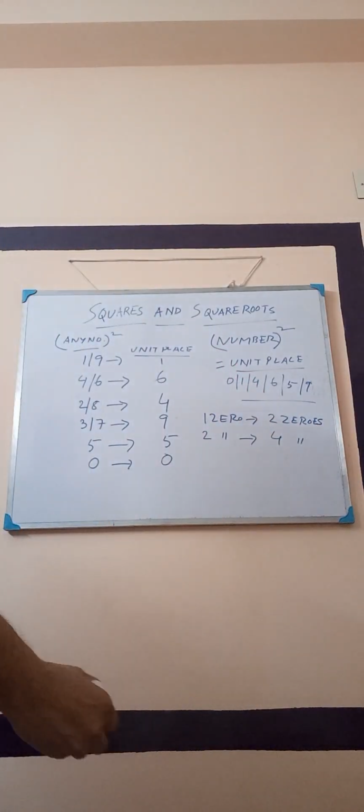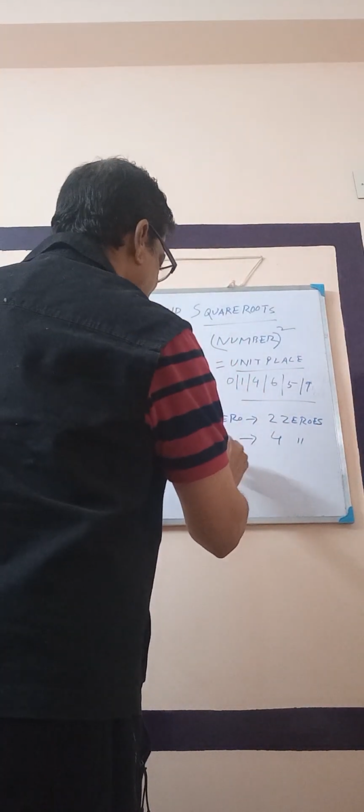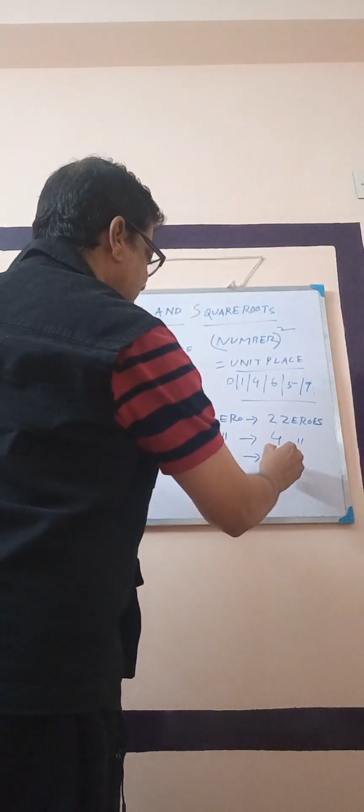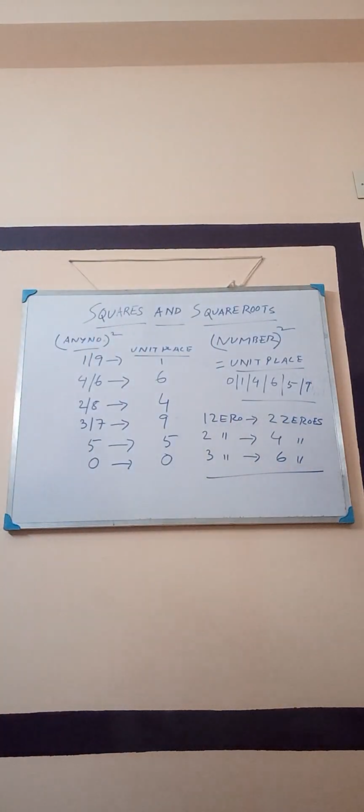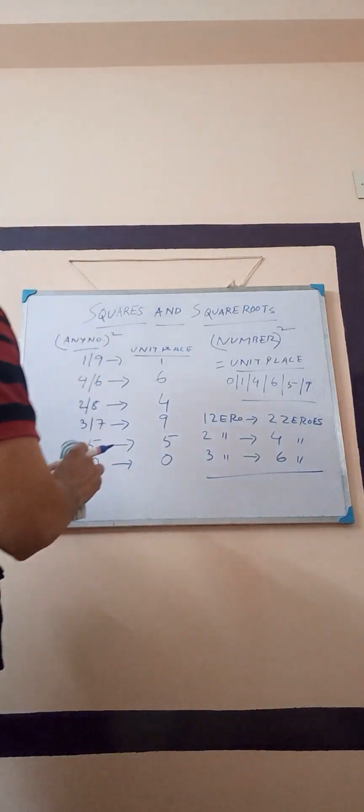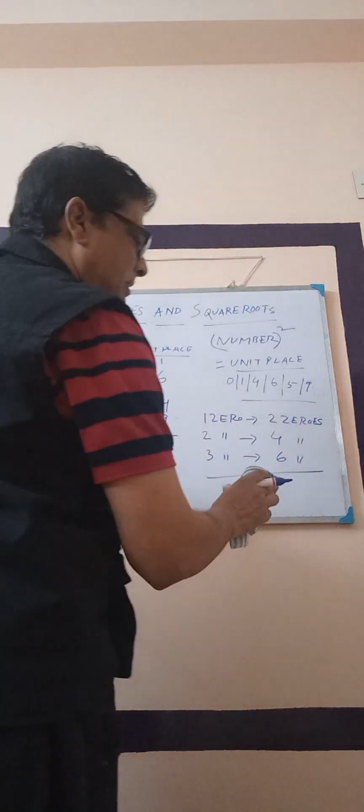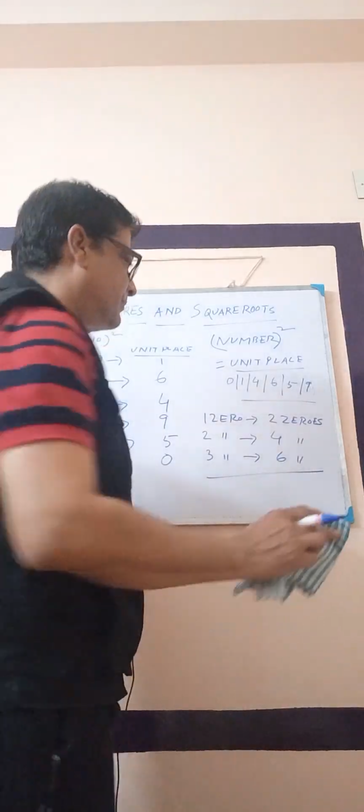And if I have a number which has 3 zeros and I square it, then I will get 6 zeros. Got it? Okay. Now I have another concept to explain. I think this much is clear with you.